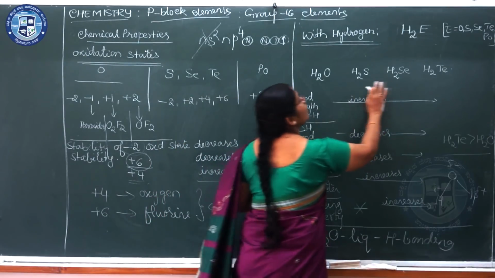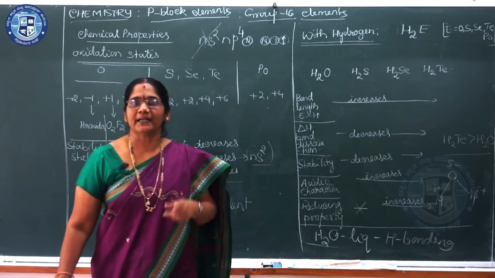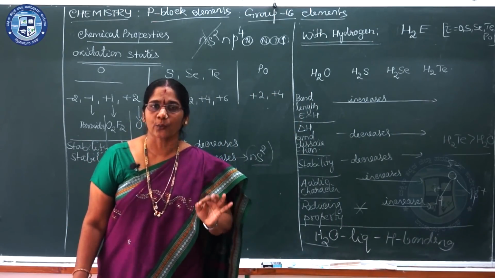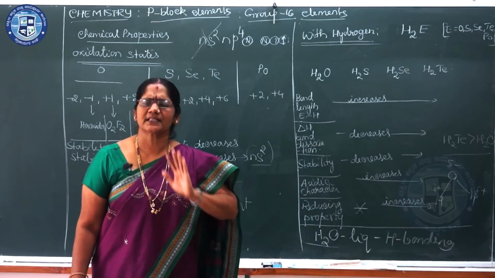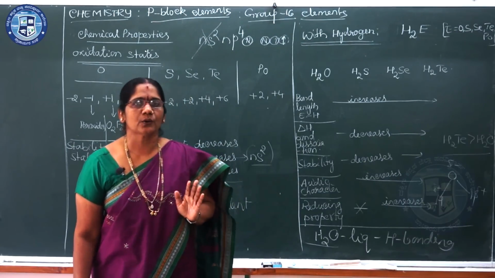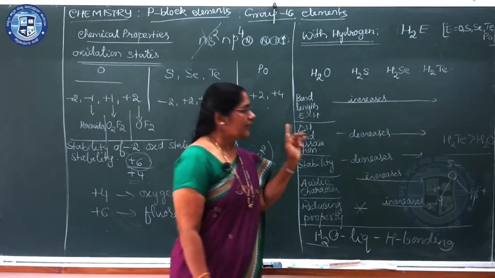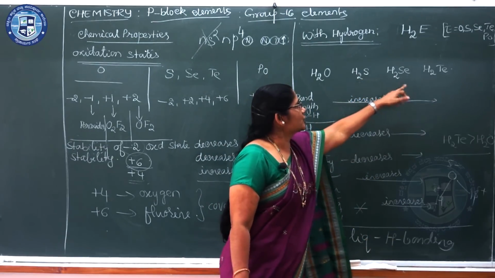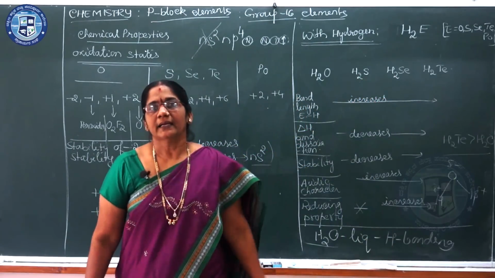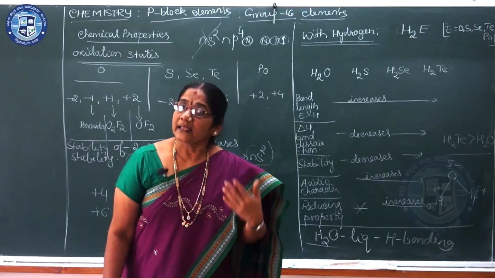Therefore, all these others are gases, but H2O is a liquid owing to the extensive intermolecular hydrogen bonding present in water molecules. So water is a liquid, and H2S, H2Se and the telluride are all gases.